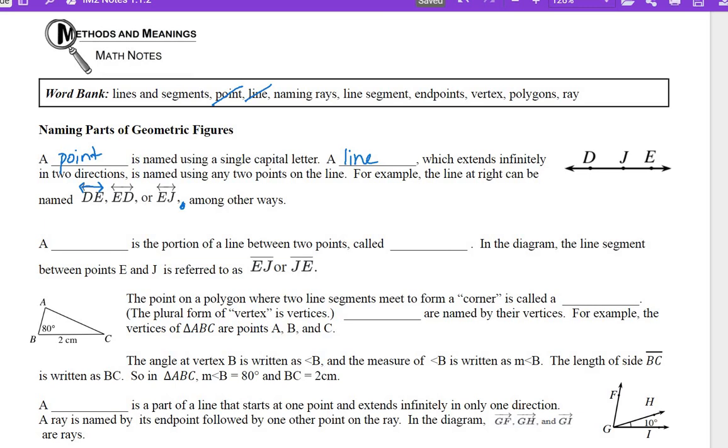Okay, a blank is the portion of a line between 2 points. Another word for portion is segment. This is going to be a line segment, and those points are called endpoints.